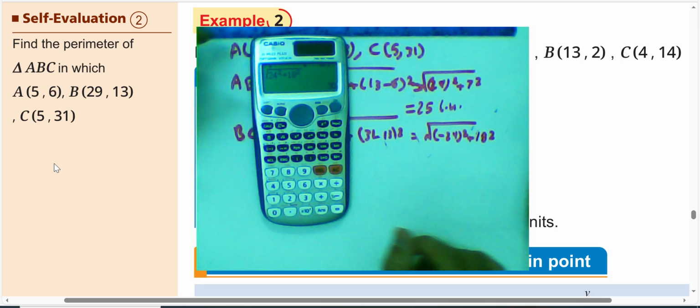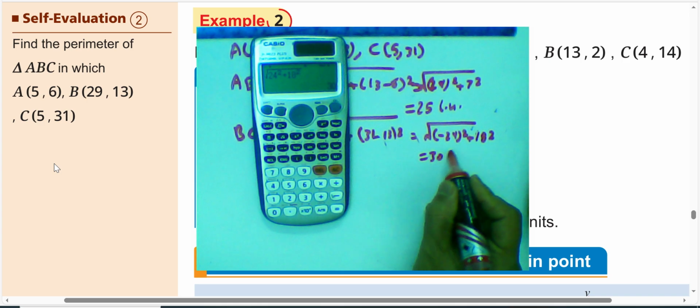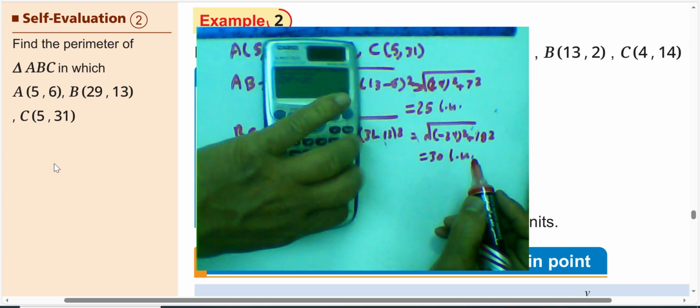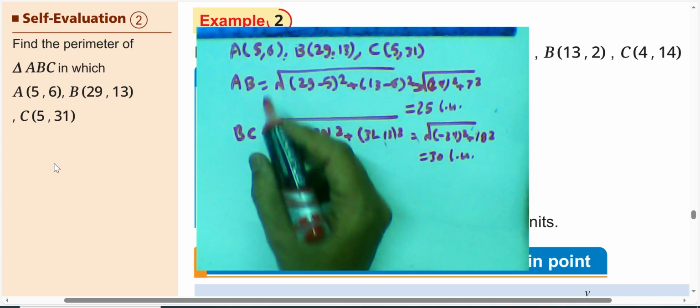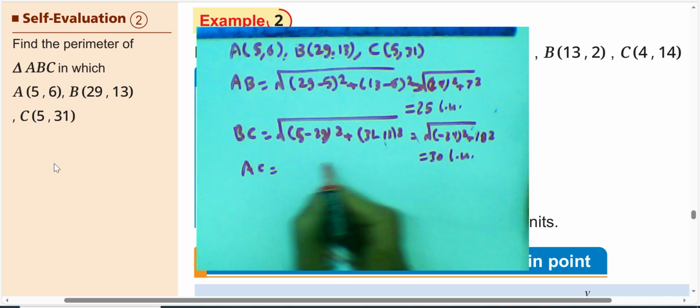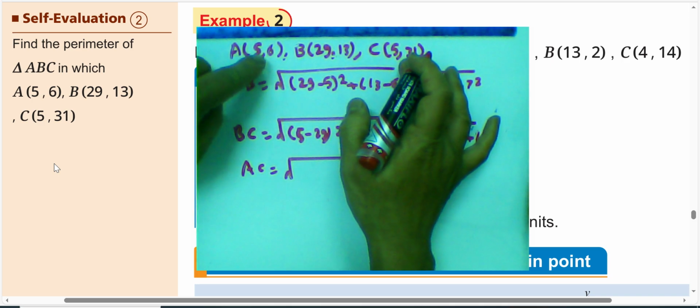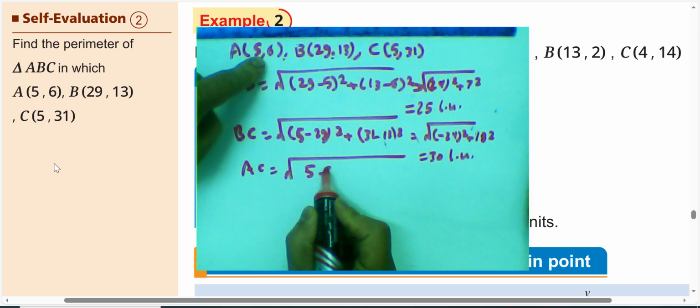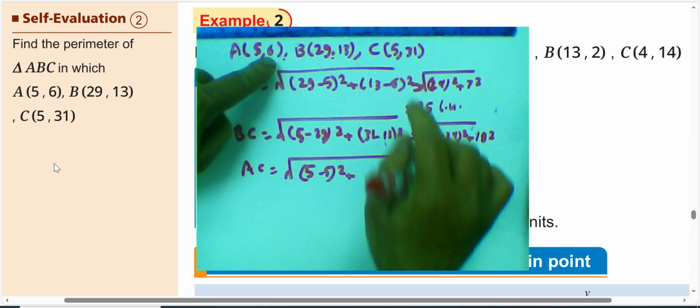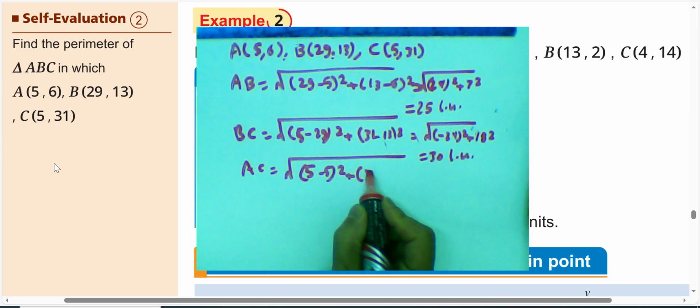The answer would be 30. BC equals 30 length units. And then AC, A and C: (5 minus 5) power 2 and (31 minus 6) power 2.